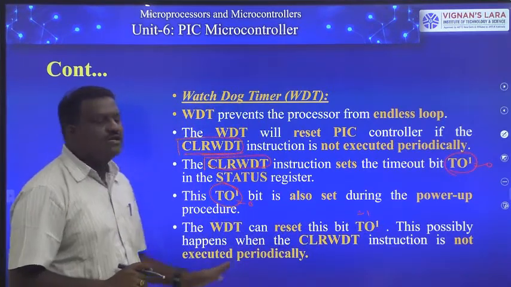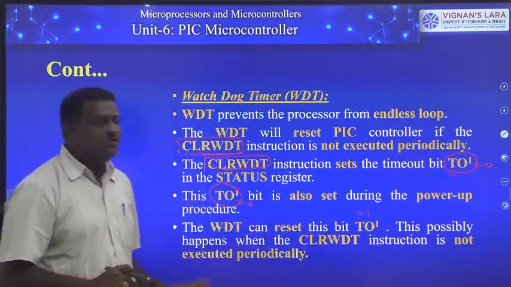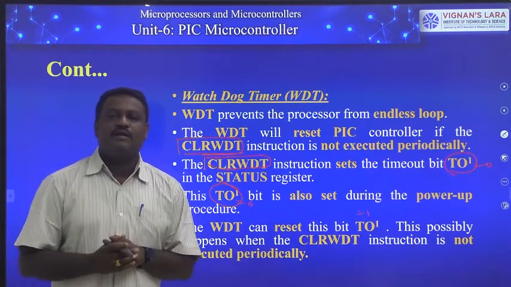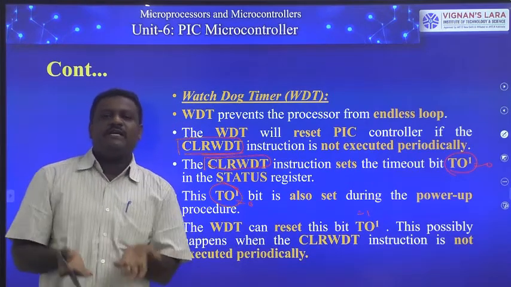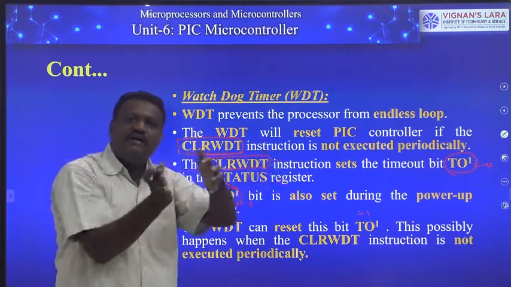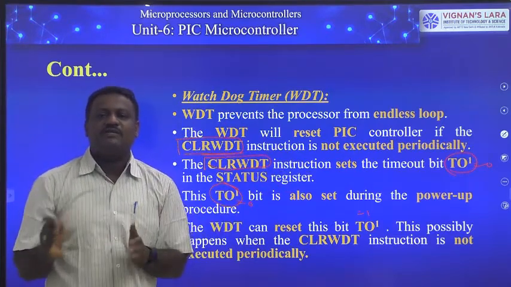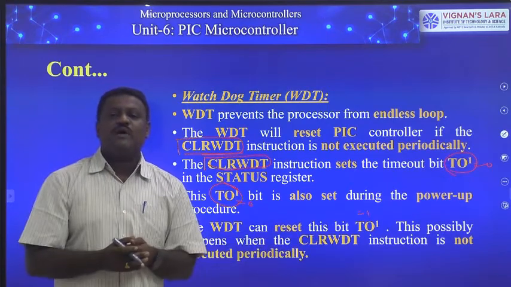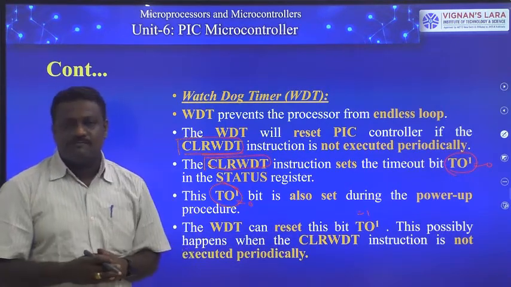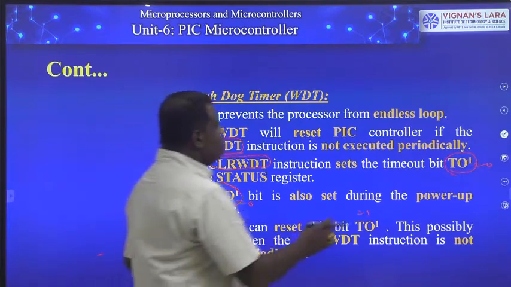This happens when the CLR-WDT instruction is not executed periodically. Then the watchdog timer sends a reset signal to the controller, and automatically the TO bar bit resets. That means this value changes to logic 1. So that's the meaning of this.